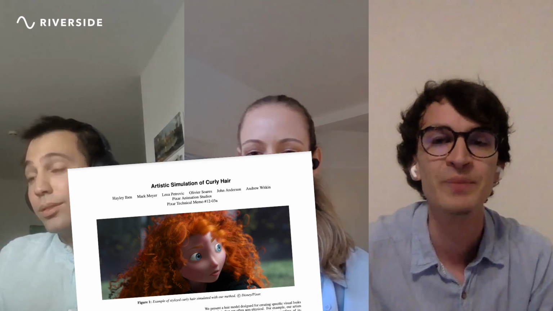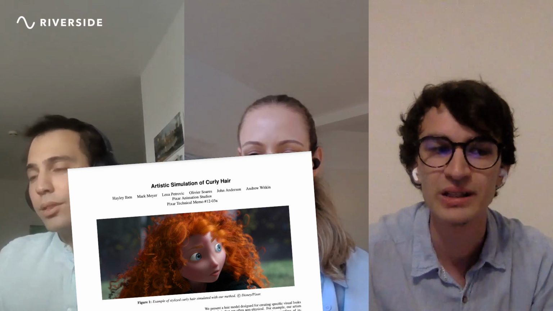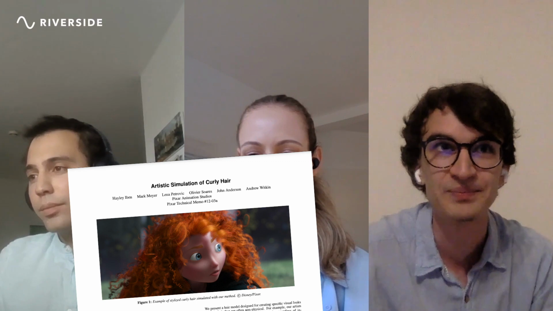What really got me hooked for the first time was the hair rendering part. They had this hair rendering paper, I think called Simulation of Curly Hair, which was developed for the movie Brave.